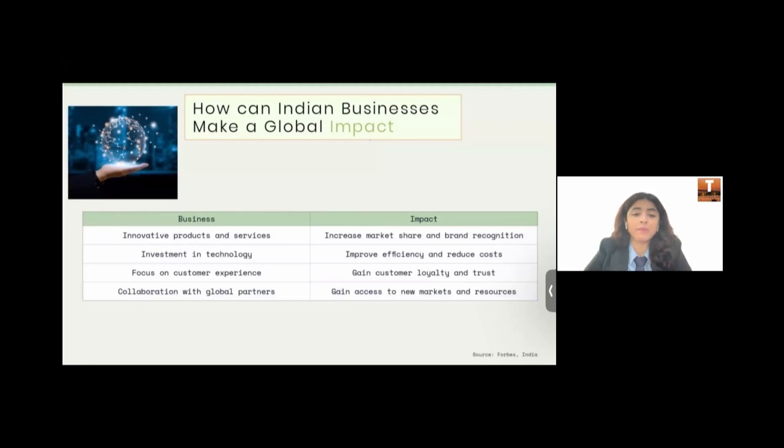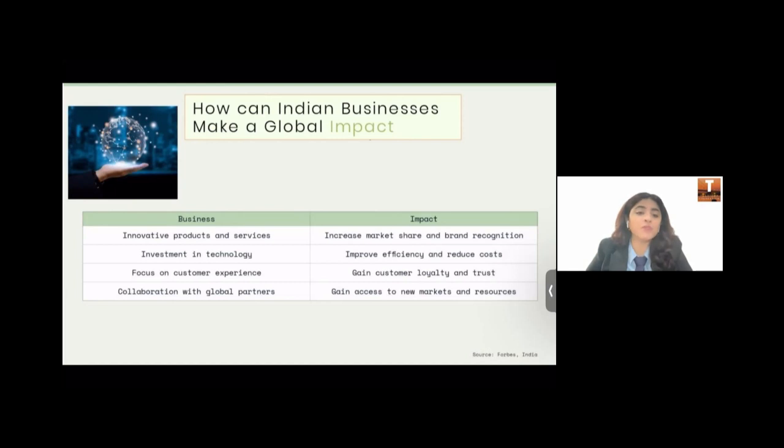Second would be adopting emerging technologies such as AI, blockchain, Internet of Things, and data analytics to enhance efficiency, productivity, and customer experience. These technologies can provide a competitive advantage and open doors to new markets.